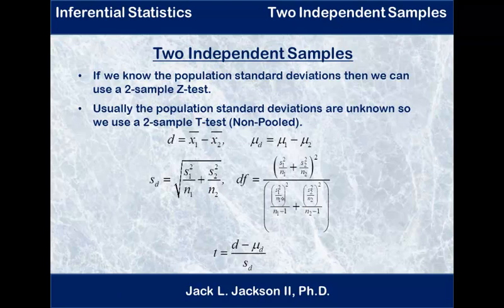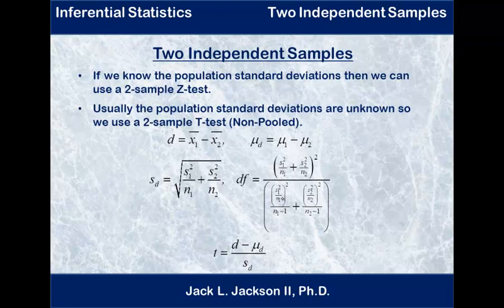Good news is you're not going to have to memorize that or even apply it directly. Luckily there is a 2-sample t-test in your calculator, and when you use that 2-sample t-test, it's going to use this formula for degrees of freedom, and it's already built in. So, good news, we don't have to really worry about that.